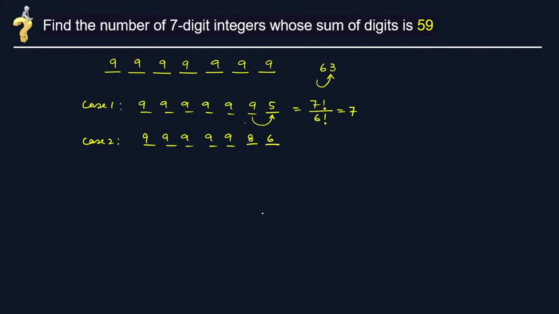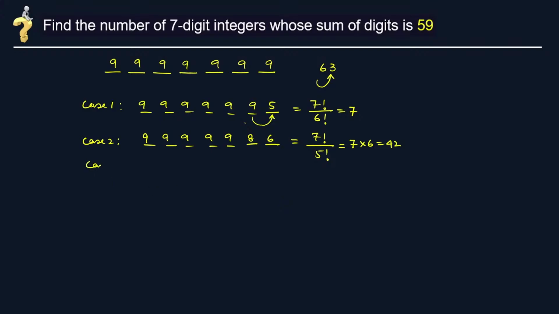Am I correct? Again, the sum of all the digits is coming to 59. So what will be the total numbers formed by all these 7 digits? It will be factorial 7 divided by factorial 5. Why? Because the 5 nines are identical. So the total number of such numbers formed is 7 into 6, that is 42. Am I correct?